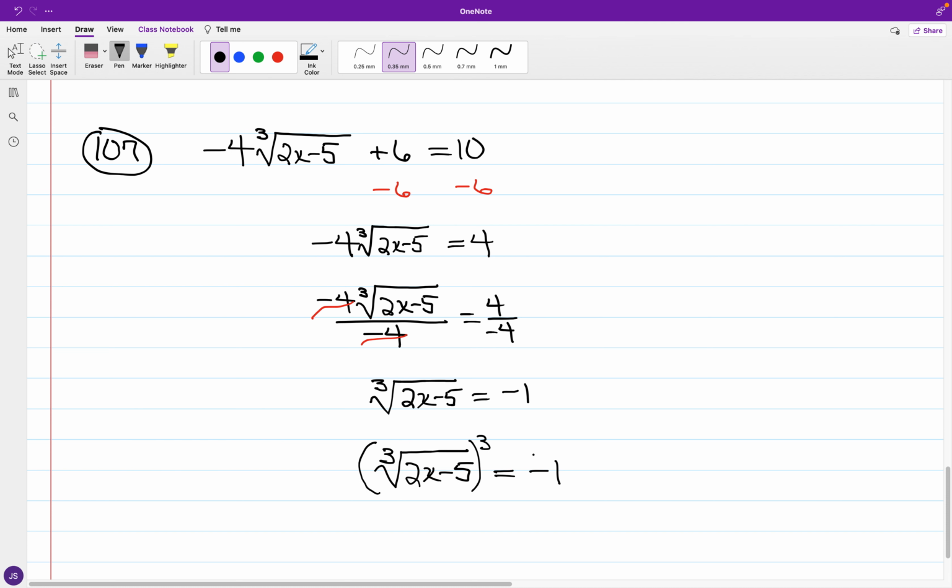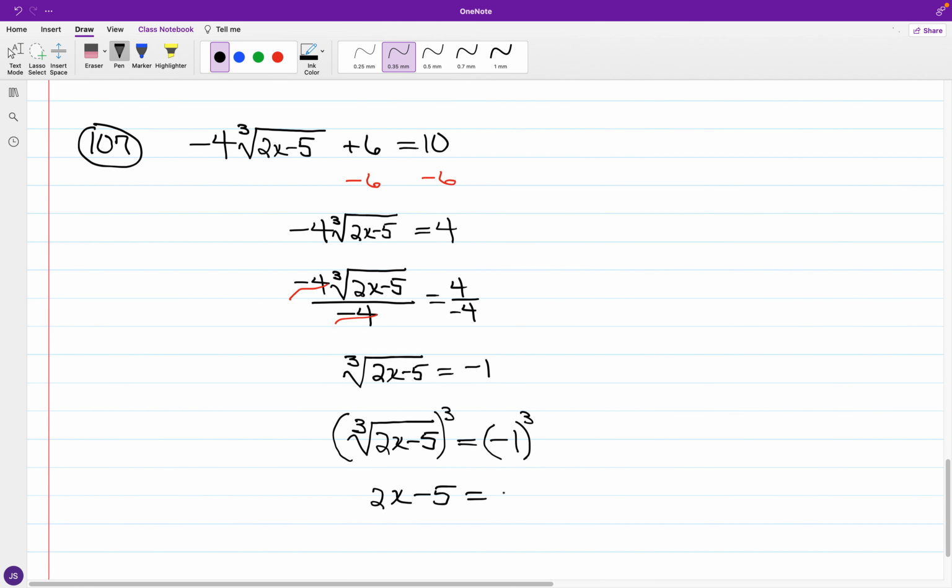And upon eliminating the presence of the cubic root, we have, by cubing both sides, on the left hand side 2x minus 5, and to the right -1 cubed, which will be -1. And so we have a two-step linear equation, and we can isolate the 2x.